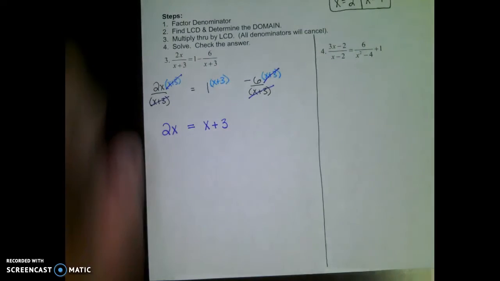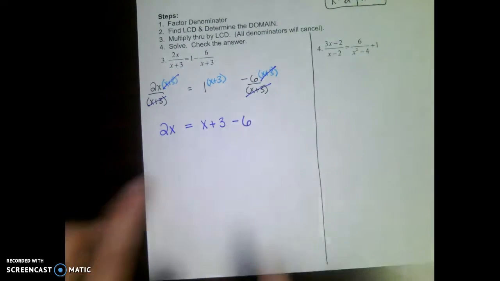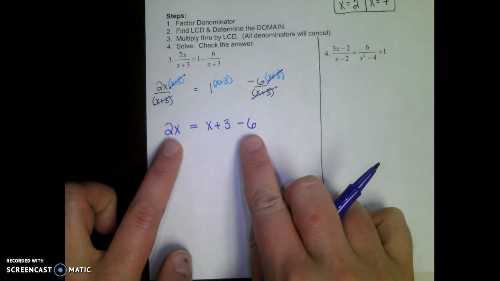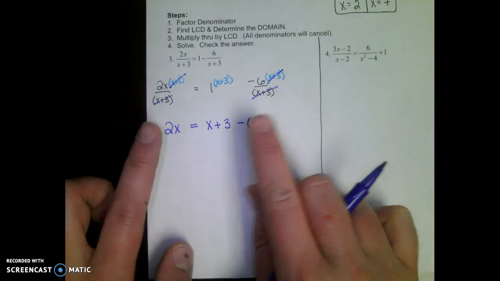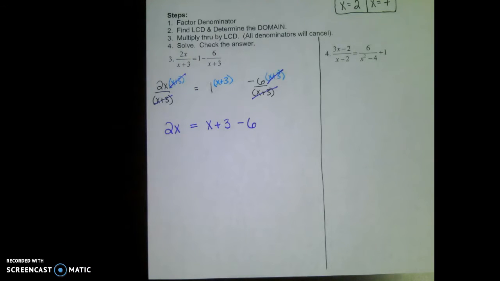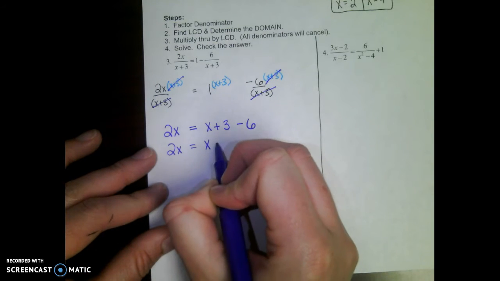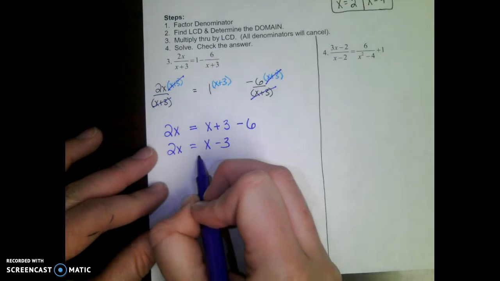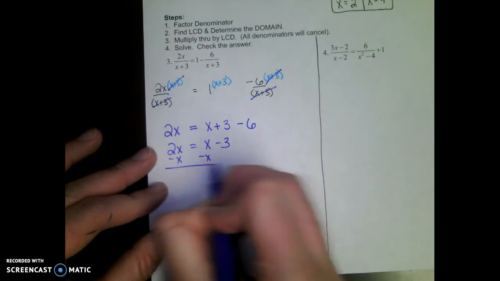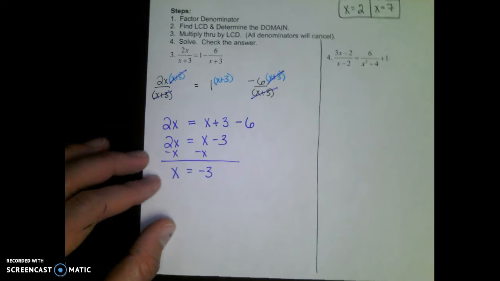The x plus 3 cancels, leaving us with negative 6. Does that, in purple, look like an easier equation to solve than what we started with? Basically, we completely eliminated the fractions. We wiped them out. So now this is 2x equals x minus 3. I would subtract x on both sides to get x equals negative 3.